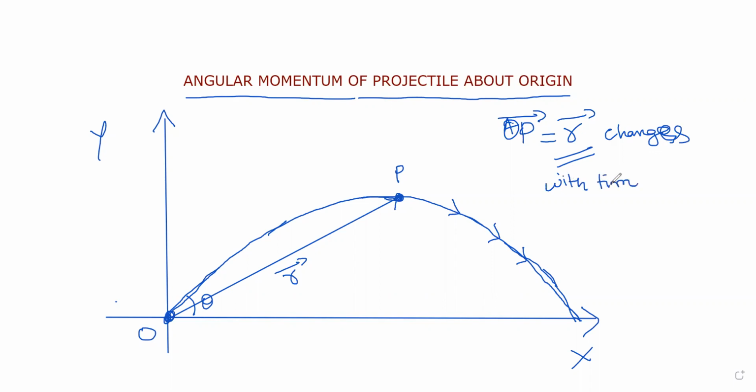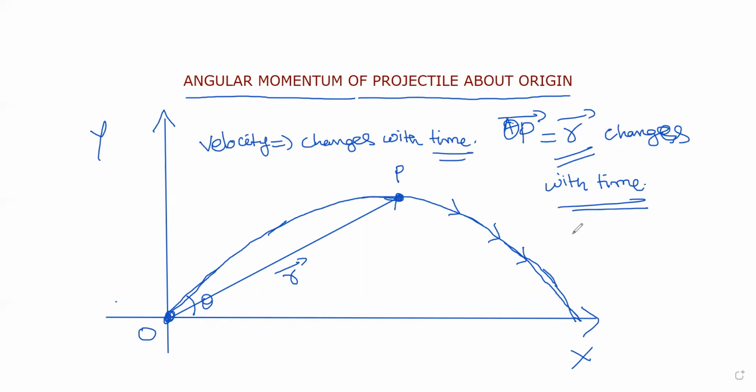Another thing is the velocity of the projectile. Velocity also keeps changing with time. For a projectile, the velocity changes with time as well as the position vector changes with time.